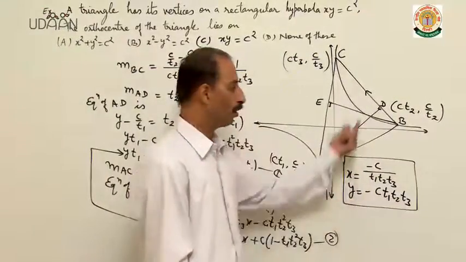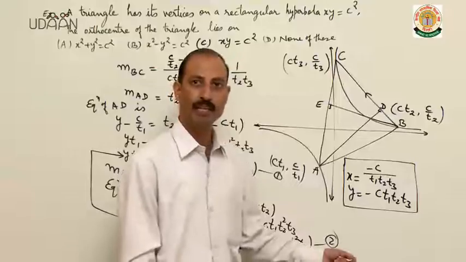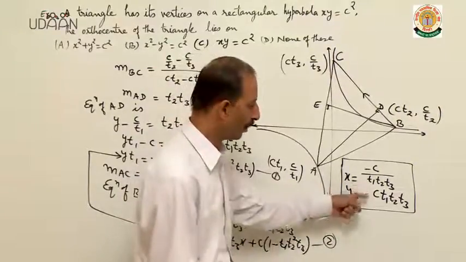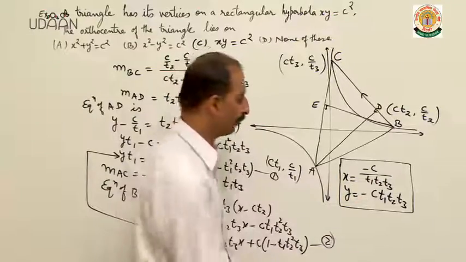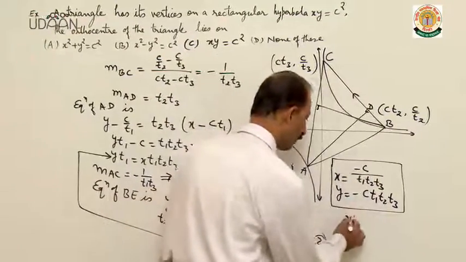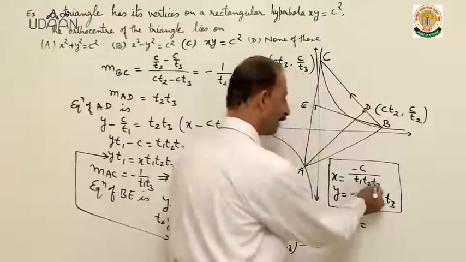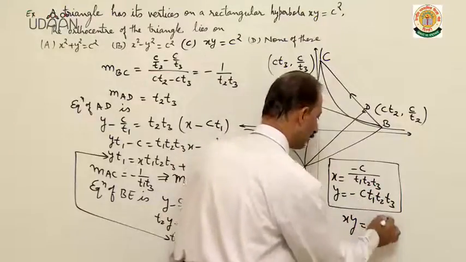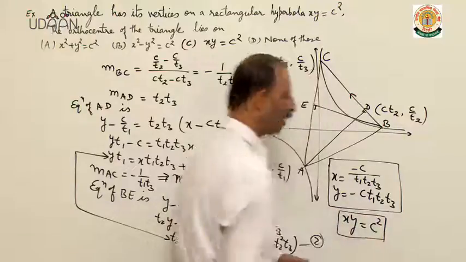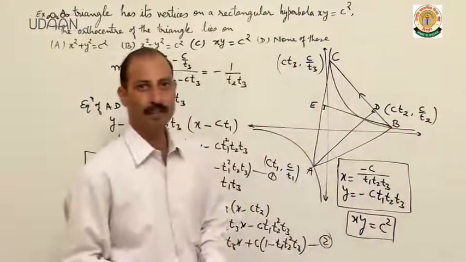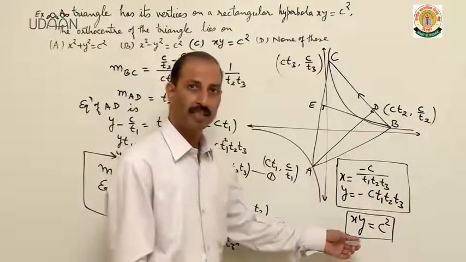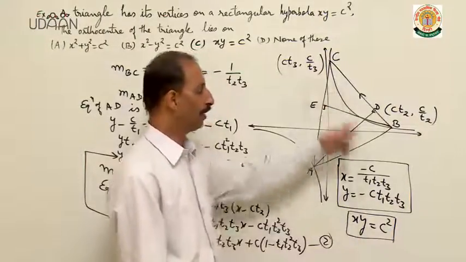Now for the locus of the orthocenter, you have to find the relationship between x and y. First of all, if you multiply these two, how much are you getting? Multiply x and y. So x into y, t1 t2 t3 will be cancelled, minus into minus becomes plus c square. This is the locus of the orthocenter. Now children, you are getting the same curve as the one given in this question.